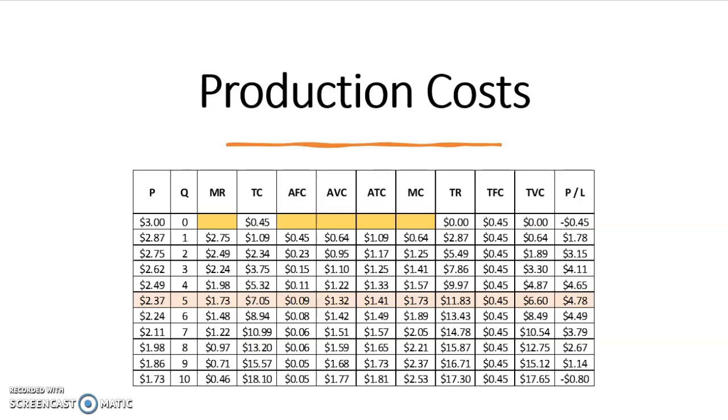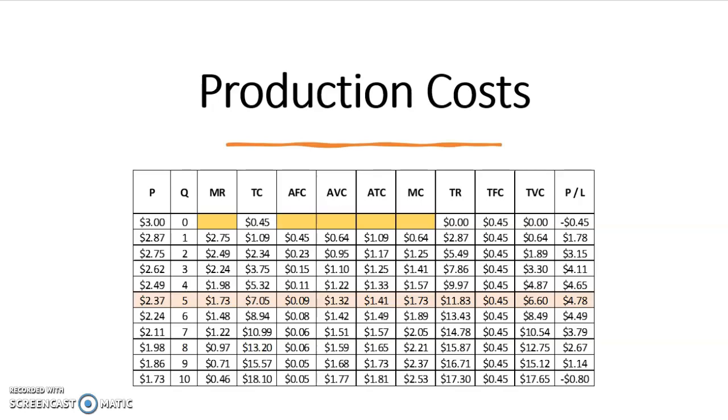This spreadsheet displays our production costs at oil company X when producing between 0 and 10 units. The abbreviations at the top reference price, quantities, marginal revenue, total cost, average fixed cost, average variable cost, average total cost, marginal cost, total revenue, total fixed cost, total variable cost, and profits and losses.